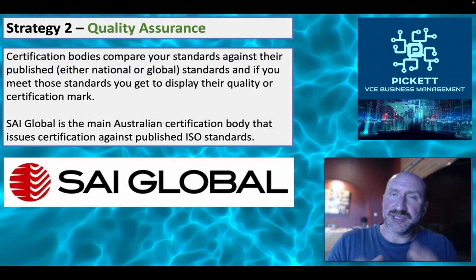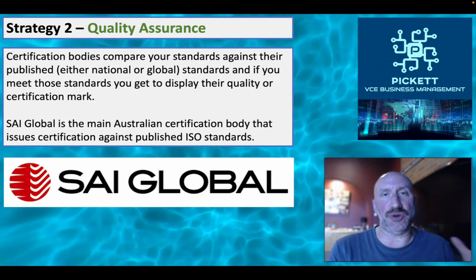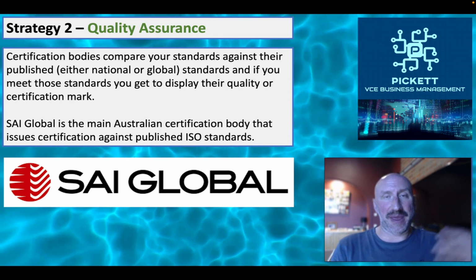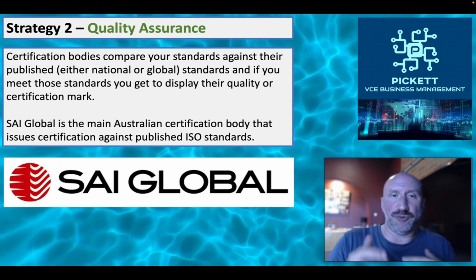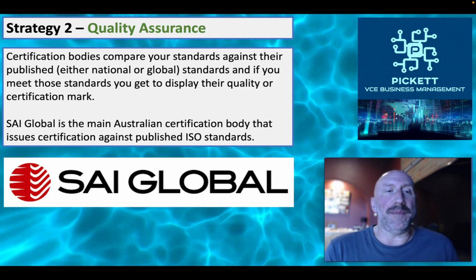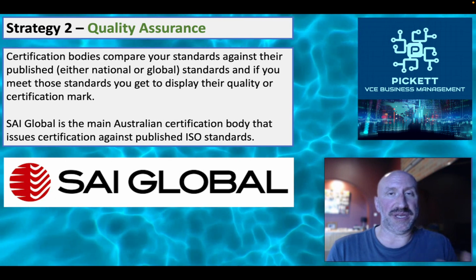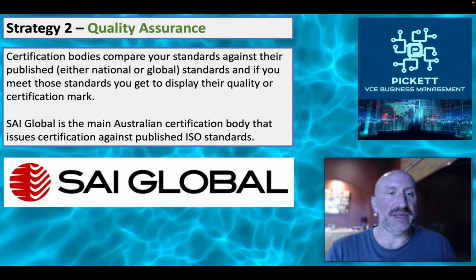Certification bodies basically compare your standards against their published standards. They could be national, they could be global, depending on what we're talking about. And if you meet their standards, you then get to display their quality or their certification mark, okay?